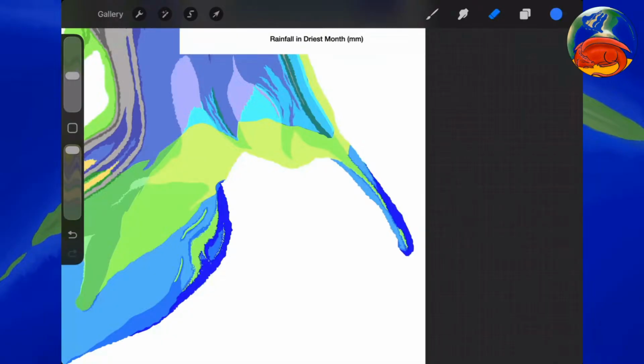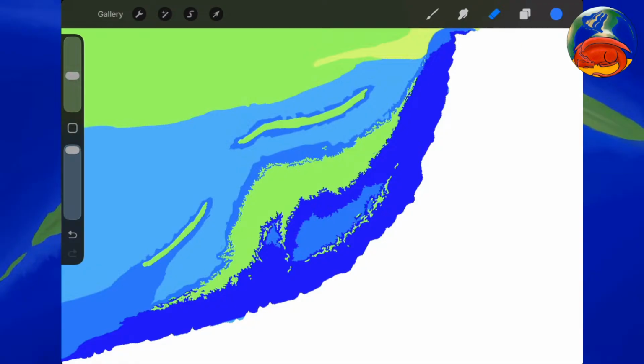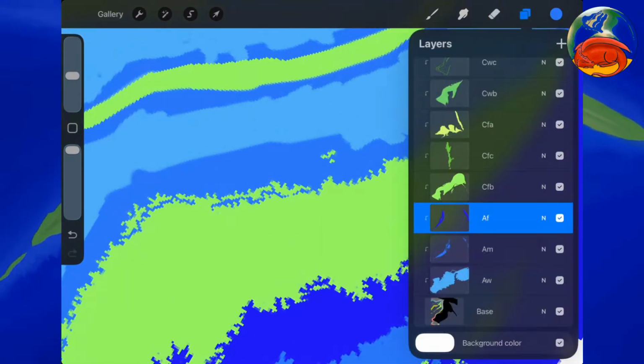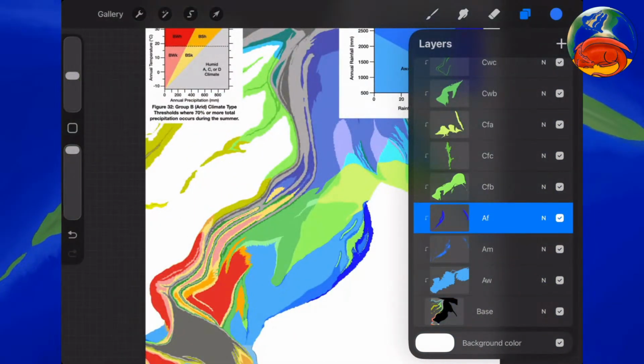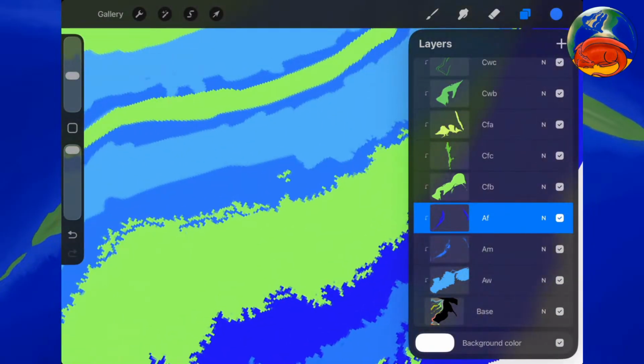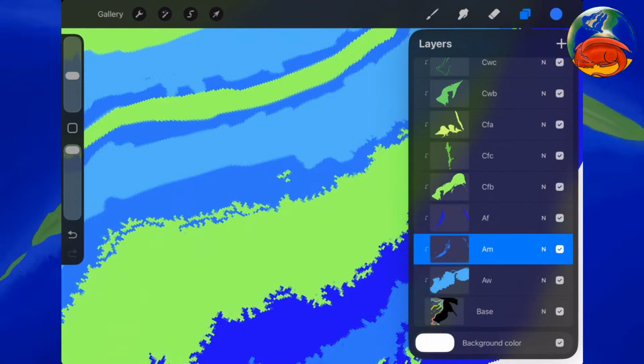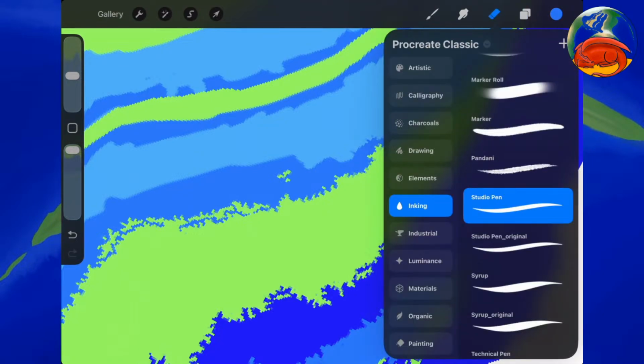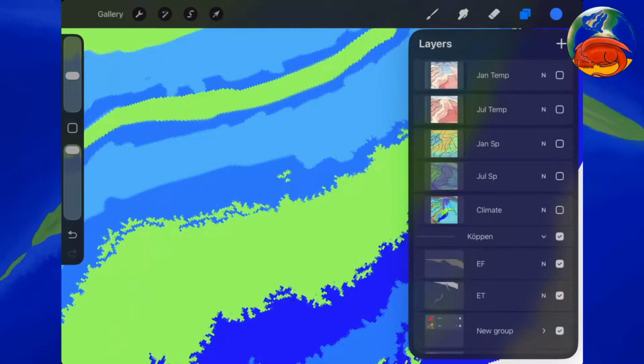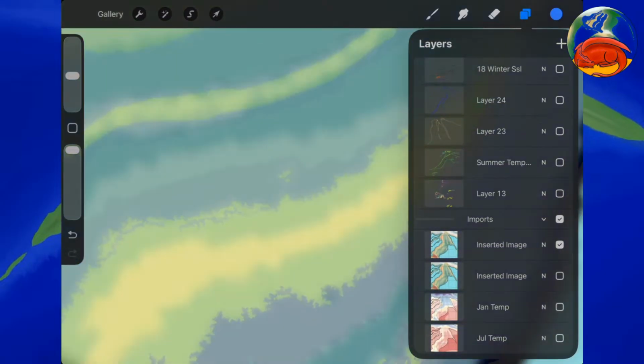And I still have a bit of time, so I'm going to try to, at the very least, get some broad shapes out of here. And I want my layer here.